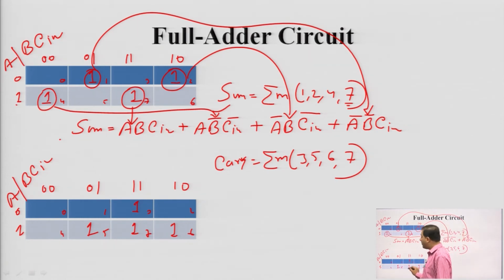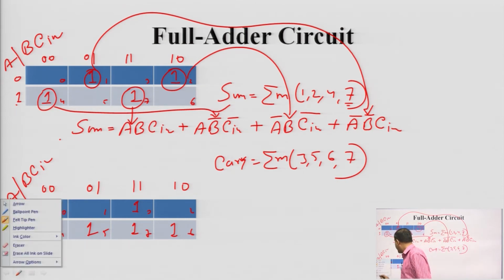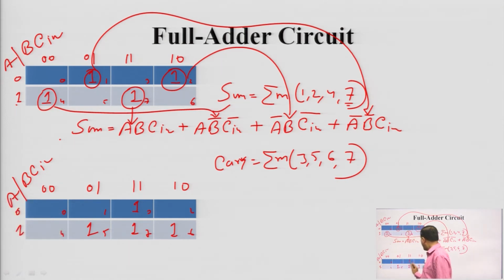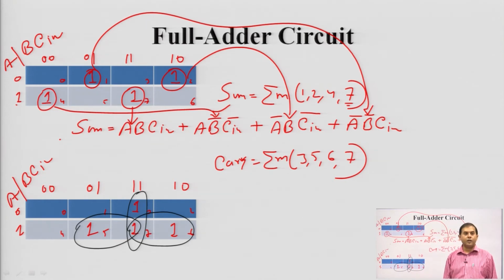Now here we can group the ones. See, one grouping is this, one grouping is this and one grouping is this. 3 groups of ones we are having. So, what will be the values?